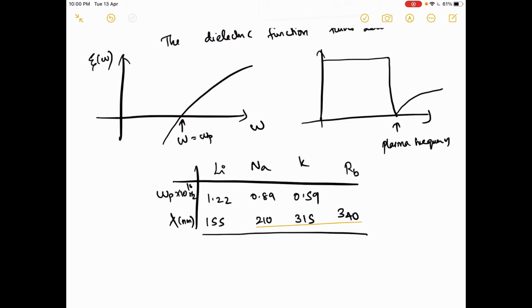And after 315 nanometers, at 350 nanometers, the reflectivity completely drops to 0, and you can go shorter. In nanometers, we're talking inverse, right? So you can go shorter and the reflectivity will regain, right?